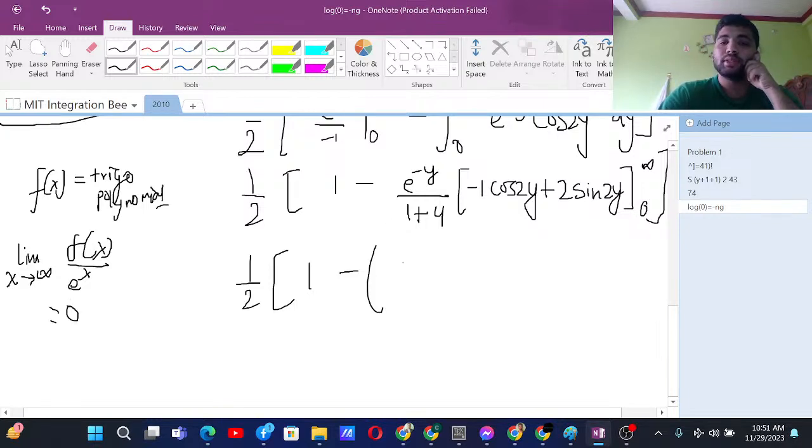So at infinity it's 0 minus, at 0 we need to evaluate, this will be 1 by 5, and this is -1, and this is 0.